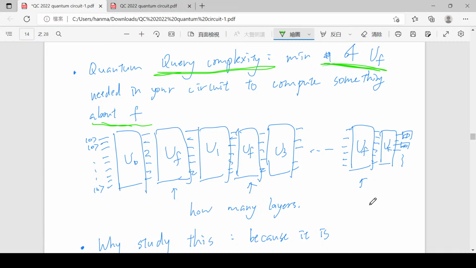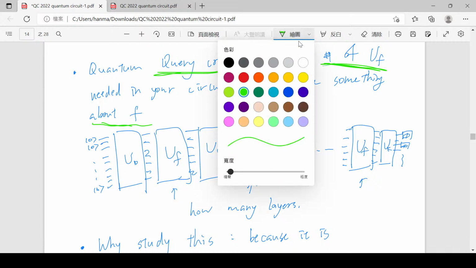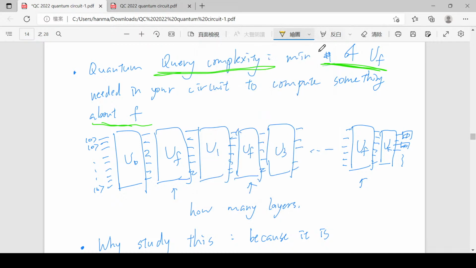So sometimes we'll have this mental picture of a query algorithm. There is some input, and the initialization with 0 doesn't really matter. And then there is a unitary, whatever you do, we don't care about it. It can be an arbitrary unitary, because the only thing we care about is the number of oracles. So let's use gold, because oracles are what's costly.